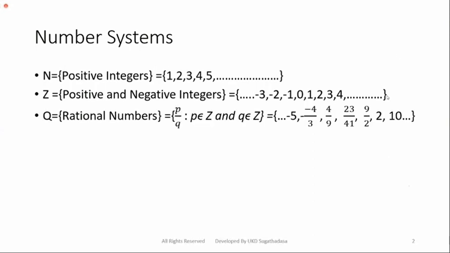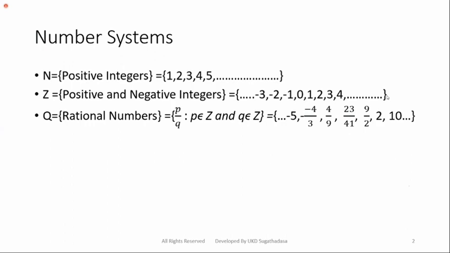Then we come to the rational numbers. Rational numbers are numbers that can be converted into the form P divided by Q, like a fraction, where P is an element of Z and Q is an element of Z. P and Q can come from the Z set, negative or positive integers.